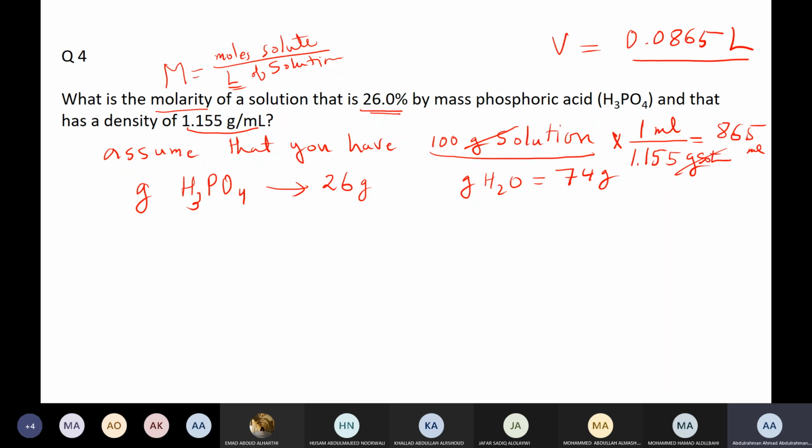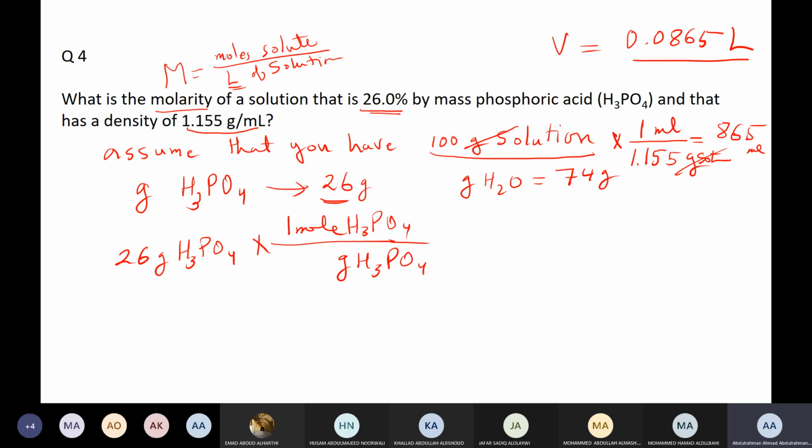Good. And can you change this to mole? Divided by molar mass, which is 1 mole H3PO4 divided by the molar mass of H3PO4. And of course, you will need the periodic table. Go to the periodic table and give me the answer quickly.